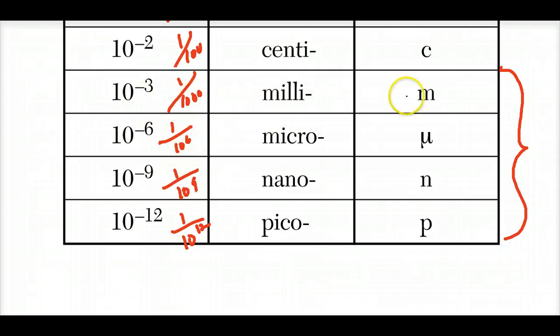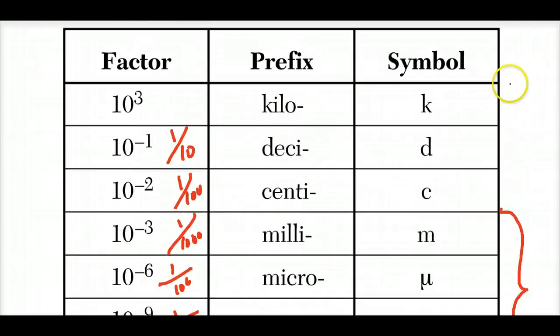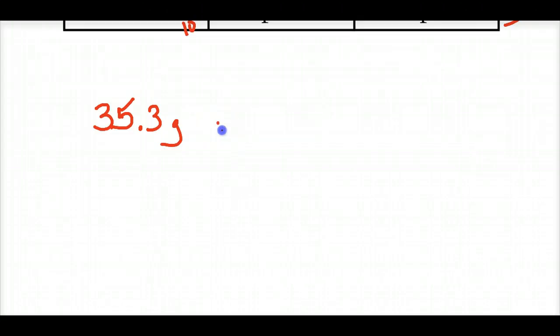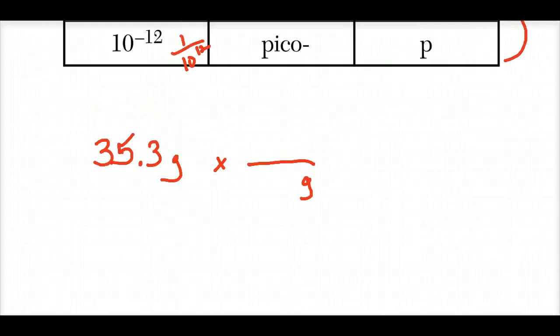So case in point, you've seen most of your conversions go from these values here. But let's pretend we had a new question. It may say, if I've got 35.3 grams of something, convert to micrograms. Well, as you've probably been taught in your class, get rid of your grams, and I want micrograms.